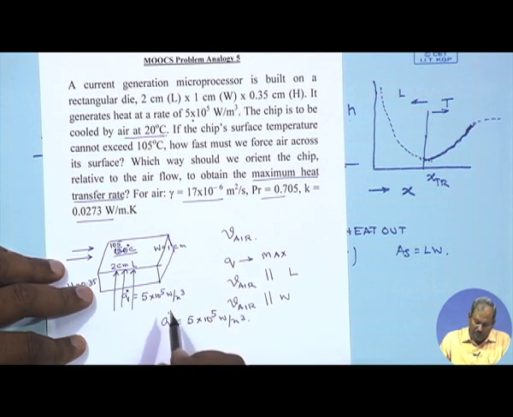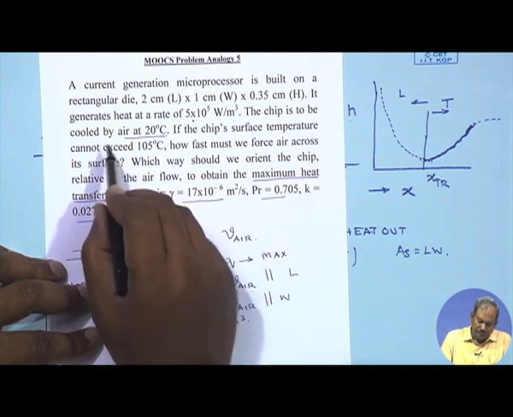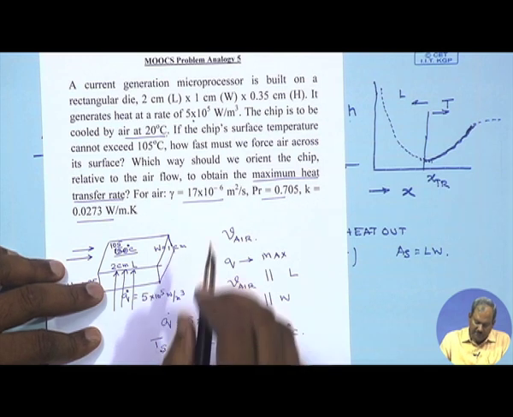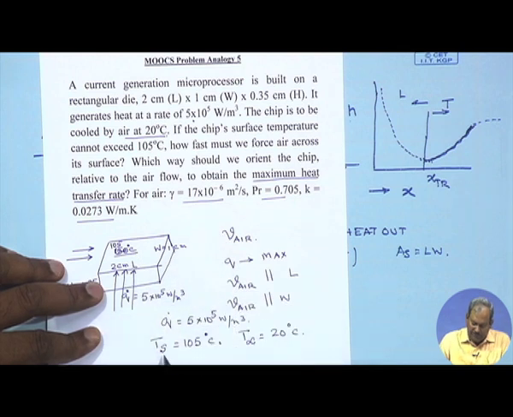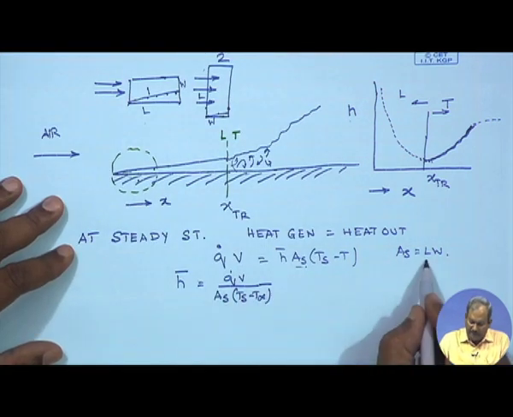The value of T surface must be equal to 105 degrees. The chip is cooled and T infinity is going to be equal to 20 degree centigrade. So the air is at 20 degrees and the surface cannot exceed 105. So your T_s maximum value would be 105 and T infinity is always 20. And A_s is simply L times W.